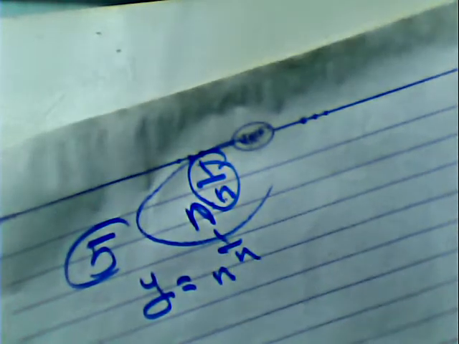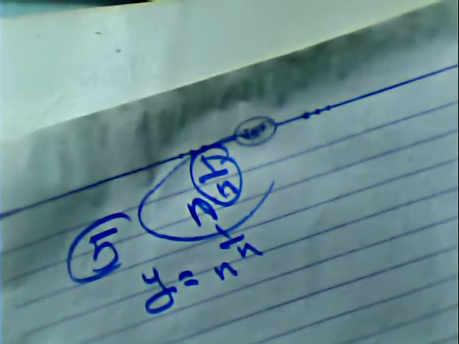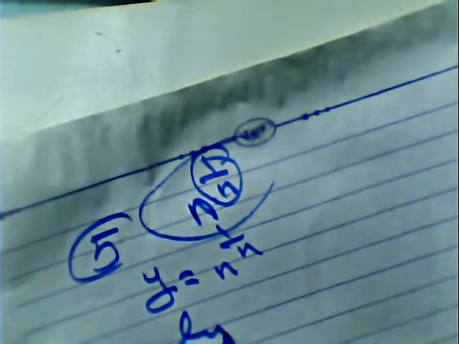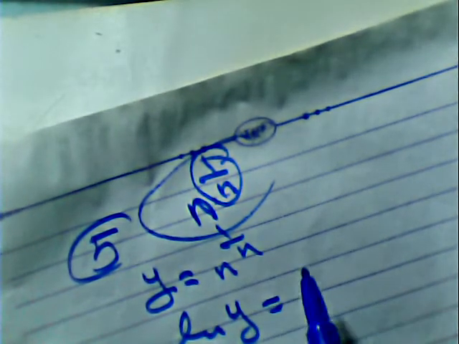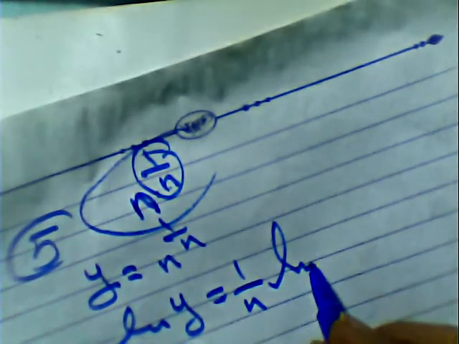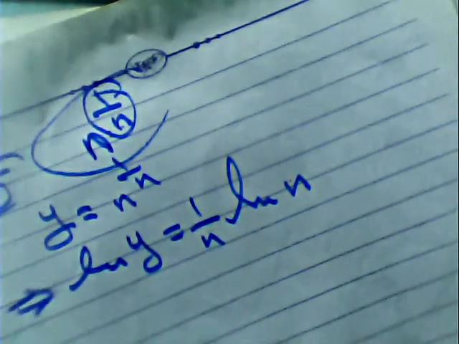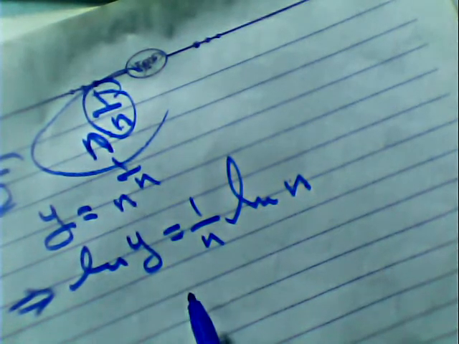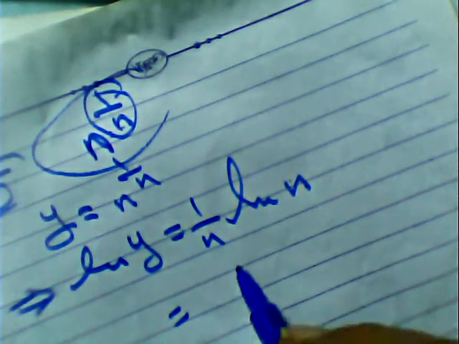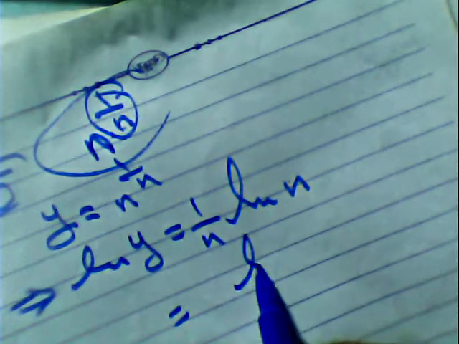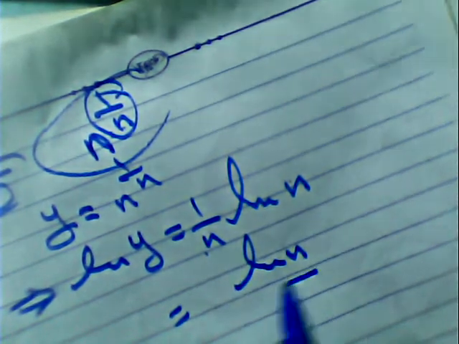Then we get ln y equals 1 over n times ln n, which means ln n over n.